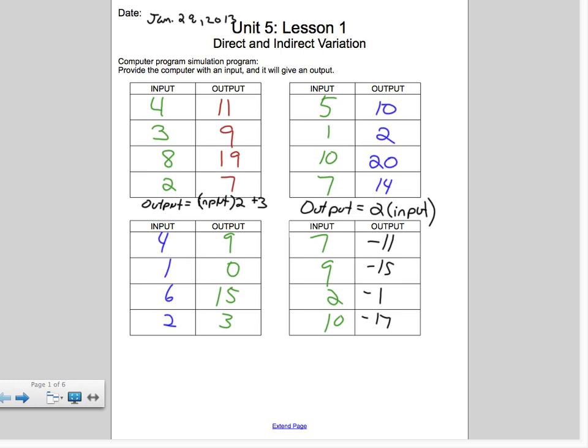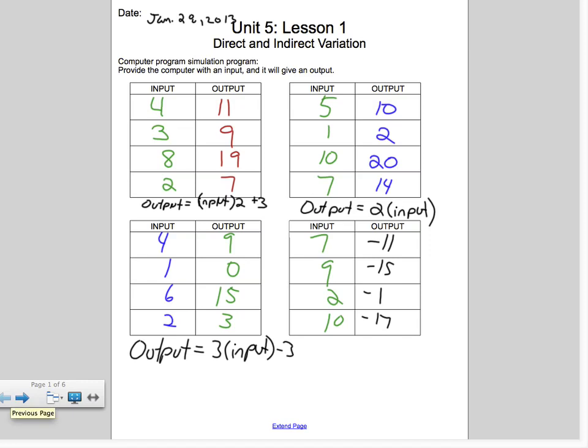For the third one, what was going on there? Input times 3. The output was 3 times the input minus 3. Right?